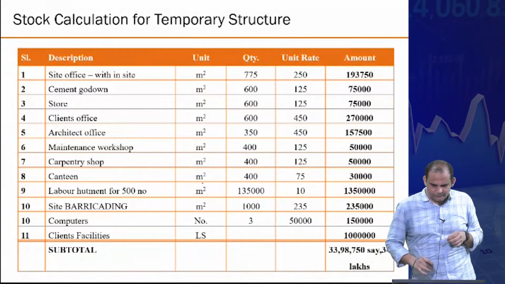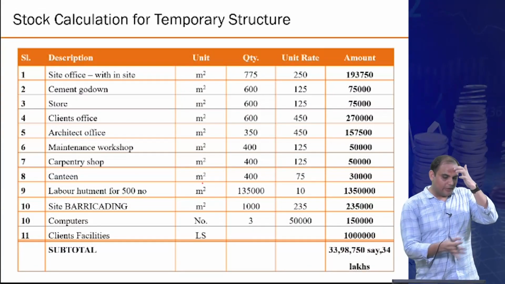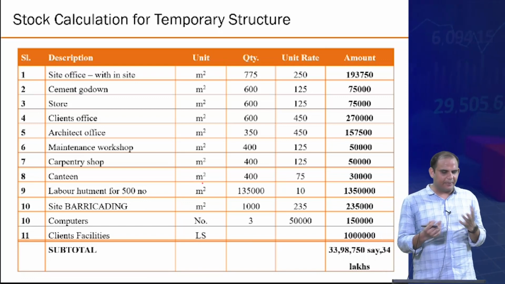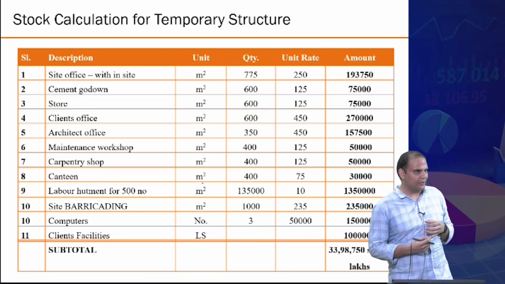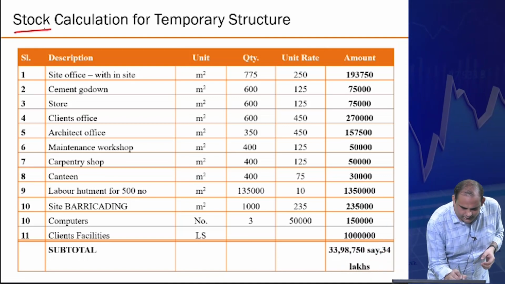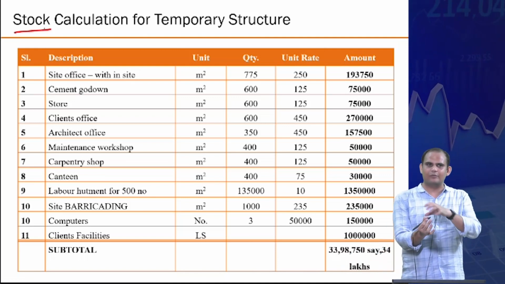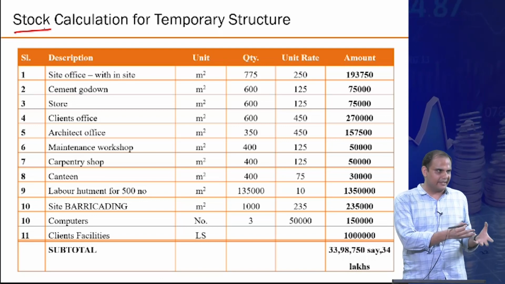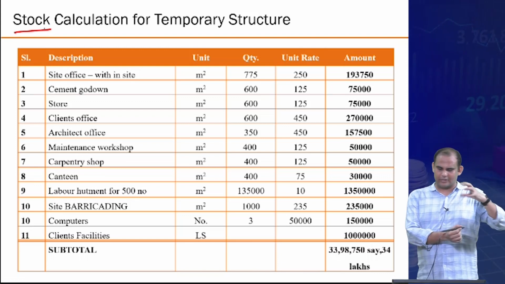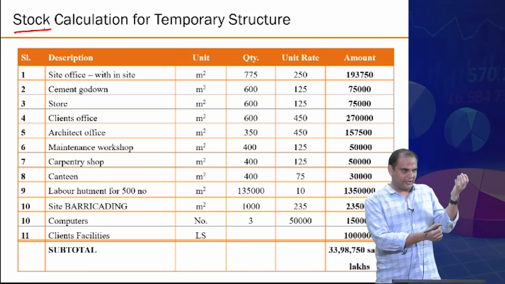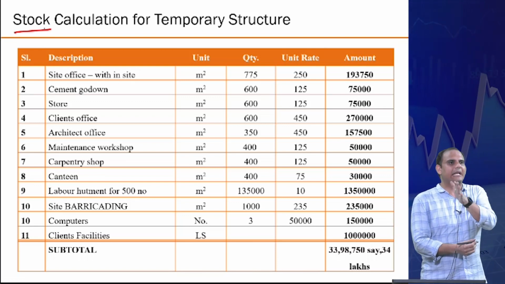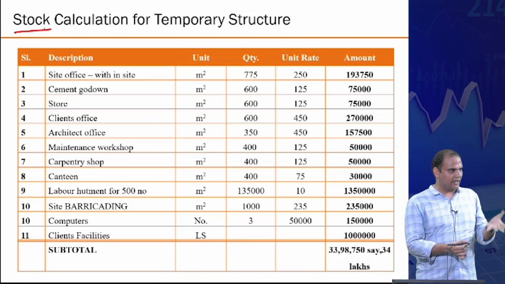Okay. Now, corresponding to this, there is also a stock or temporary structure calculation that you can do. Typically, stock is treated as whatever material you need to store at site, but in financing or accounting terms, stock is part of assets, and assets are not only materials but many other things that are part of the assets of a company or a project.